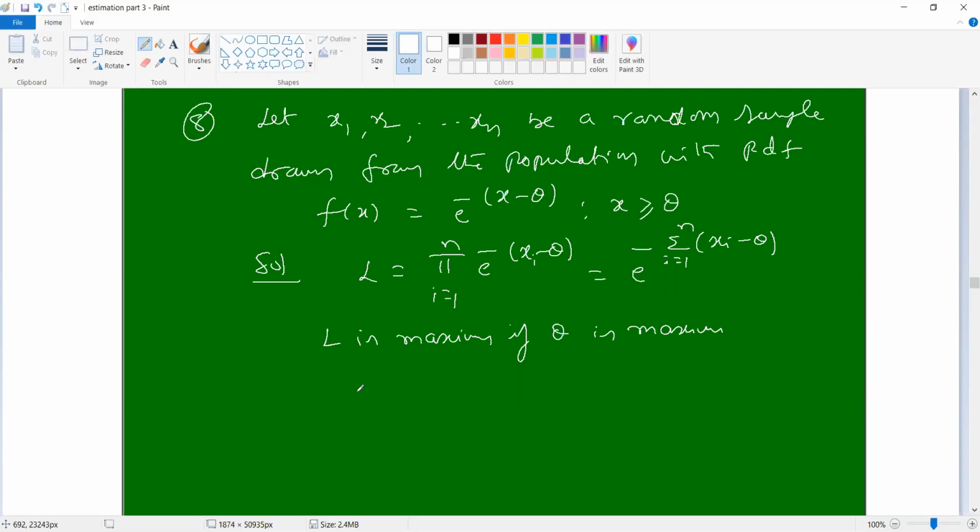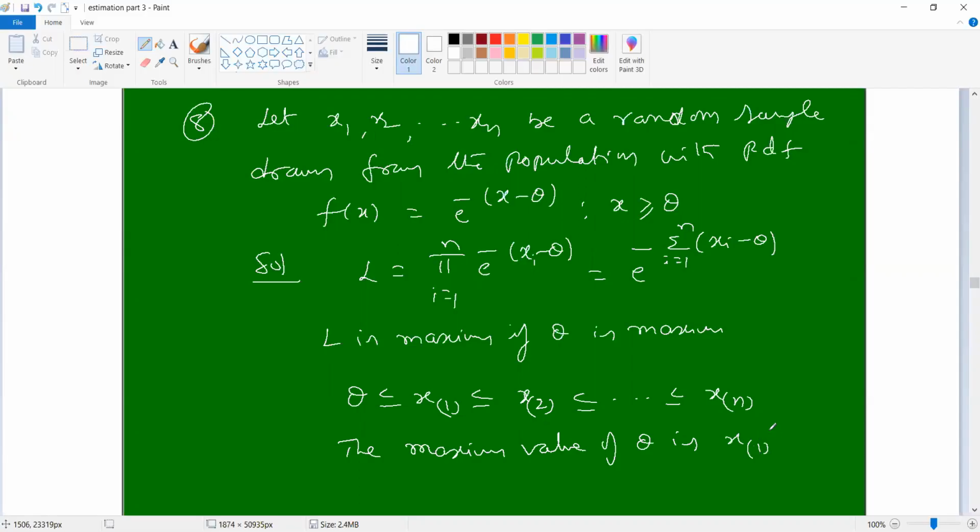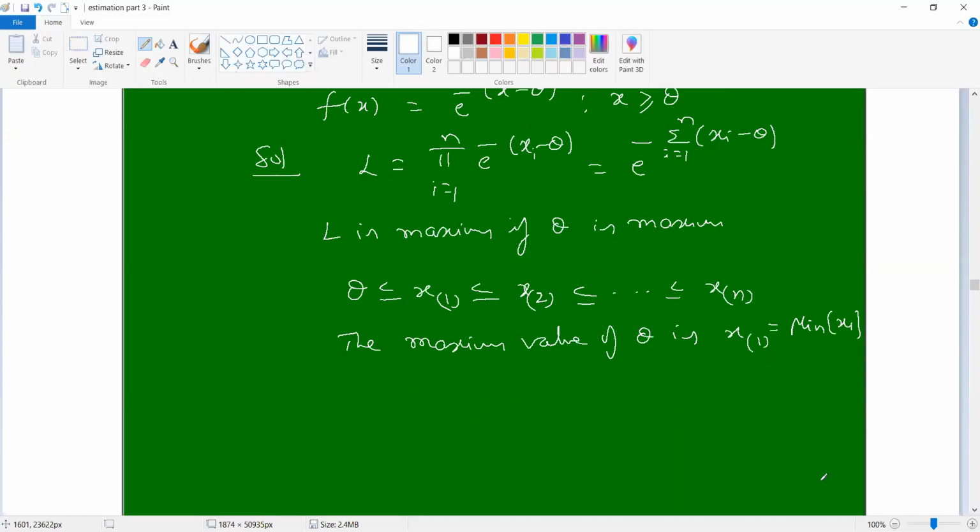Now, using the order statistics technique, theta is less than or equal to x1 order less than or equal to x2 order less than or equal to xn order. The maximum value of theta is x1 order, that is equal to the minimum of xi using the shortcut method.